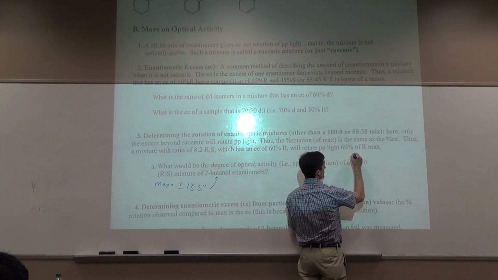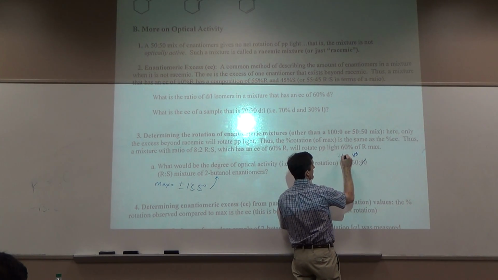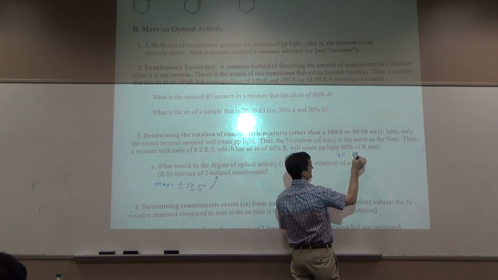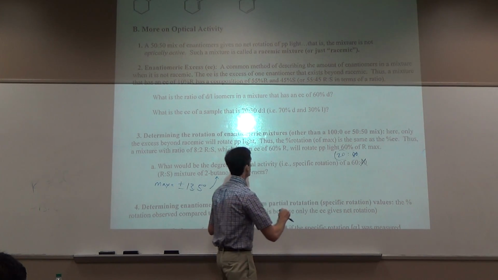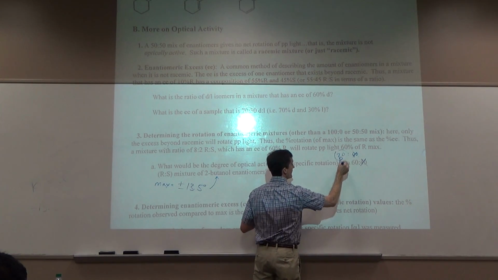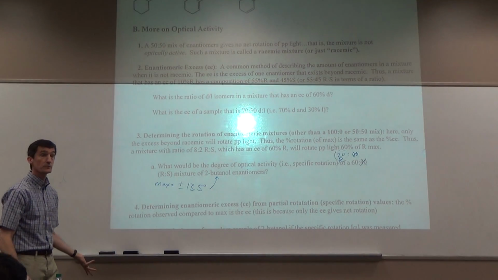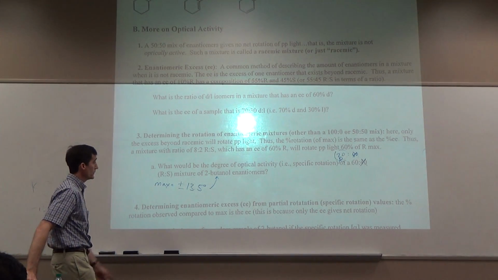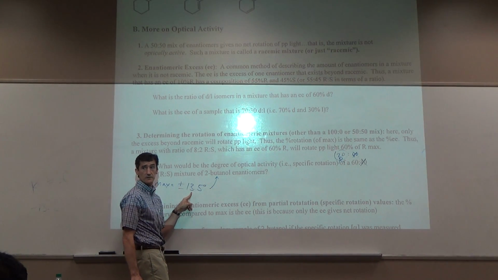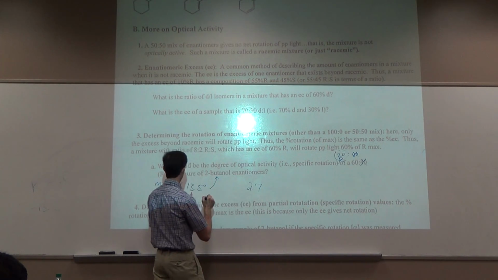Well, 40 cancels 40. What are you left with? You're left with 20. 20 of which one? 20 of R. So you only get 20% of the rotation. What's 20% of this? 1.35 times 2, 2.7. Okay. 2.7.